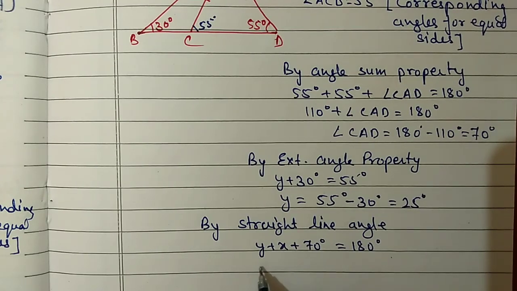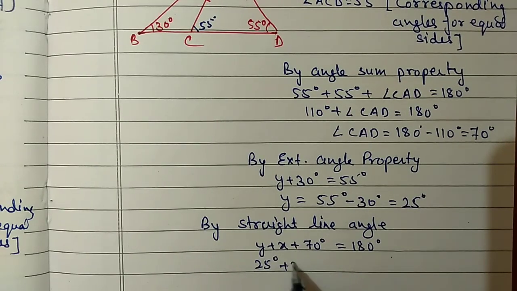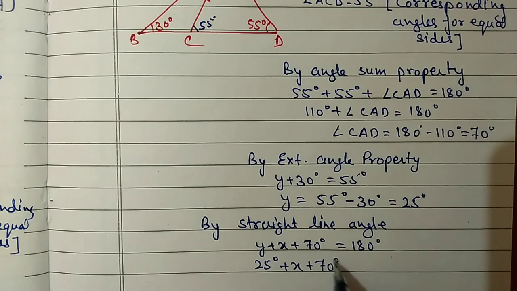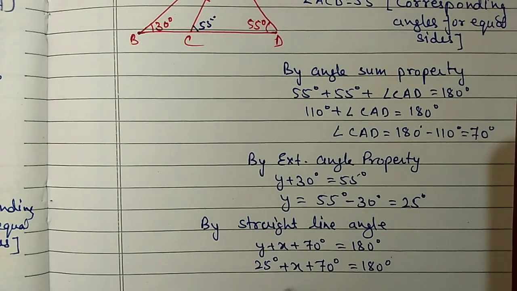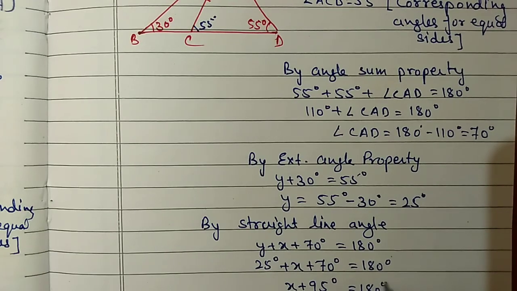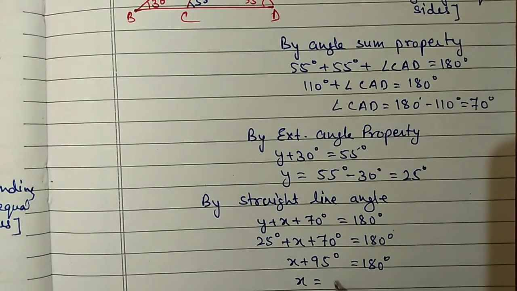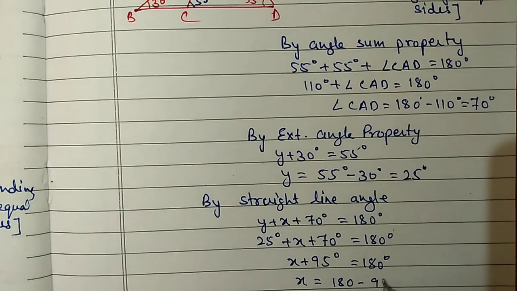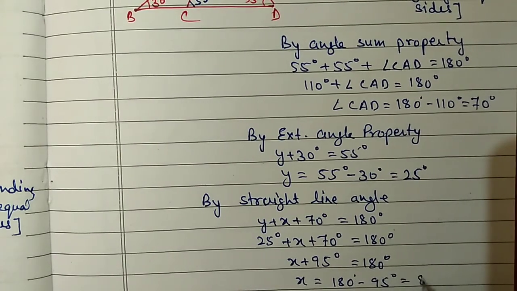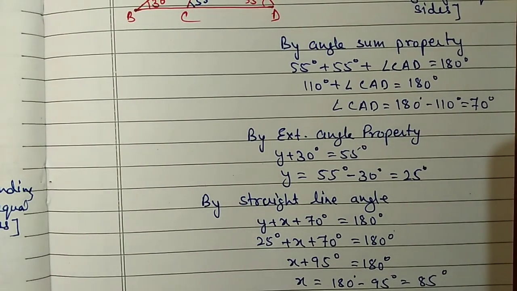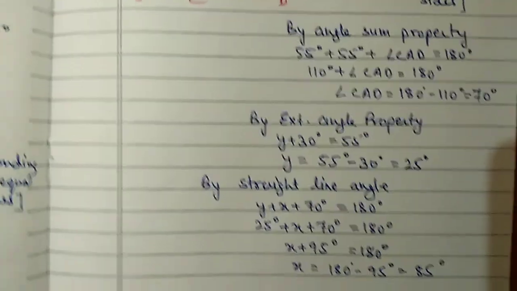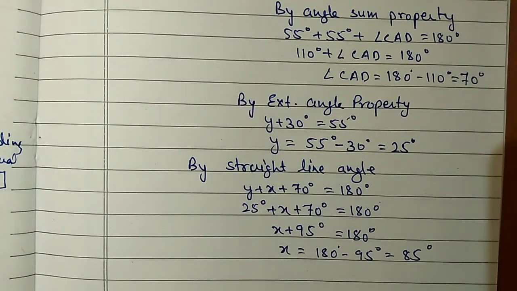So y we have calculated 25, plus x plus 70 equal to 180 degree. x plus 95 is equal to 180 degree. So the value of x will be 180 minus 95 equal to 85 degree. So here x value is 85 and y value is 25 degree.